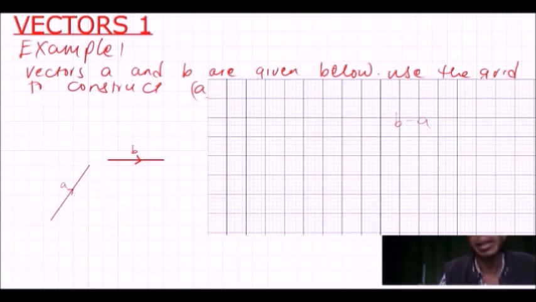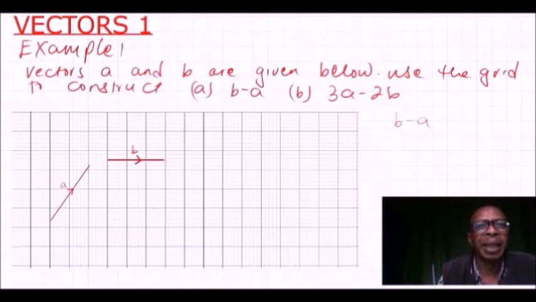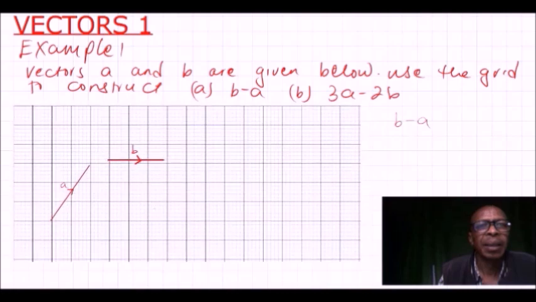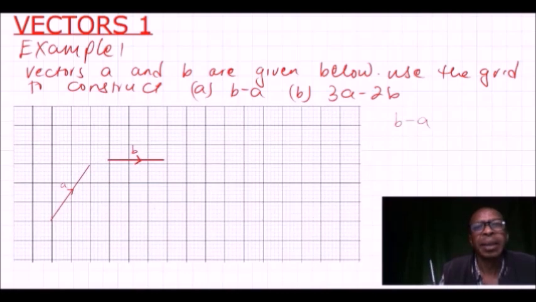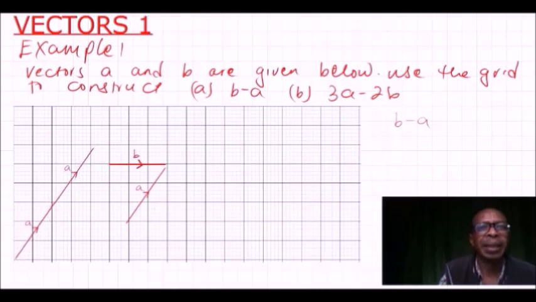Then we bring back our grid. It is like that. We can bring our B there. So when we are told 3A plus 2B, you can combine this. You can say this is our A from here, and we put this other A here, and we put another one there.